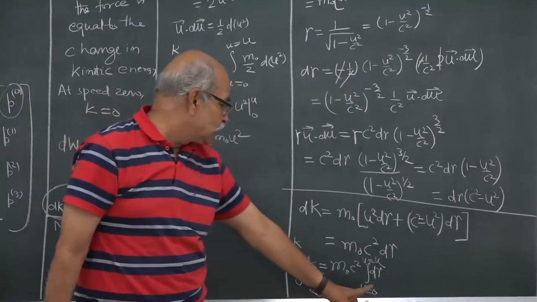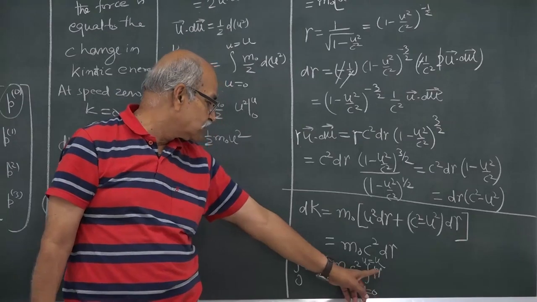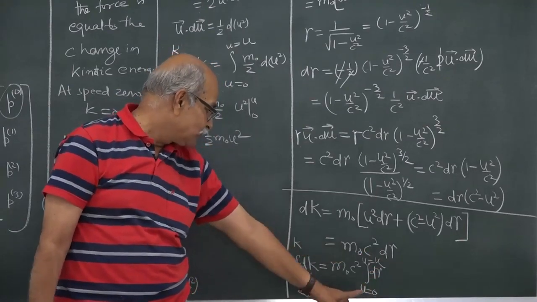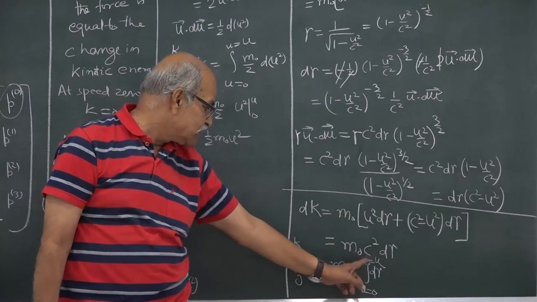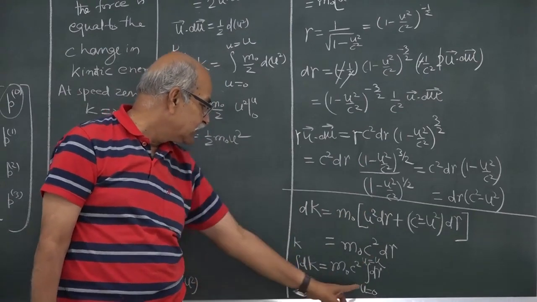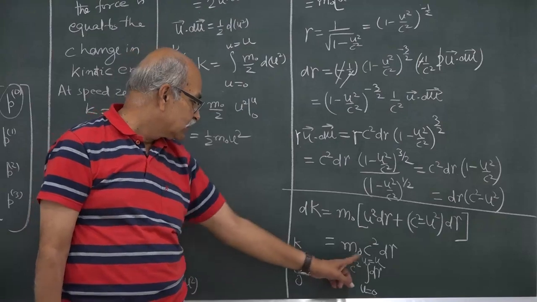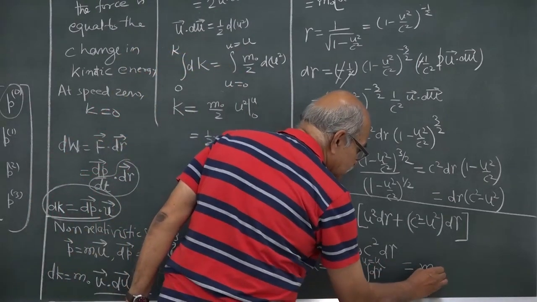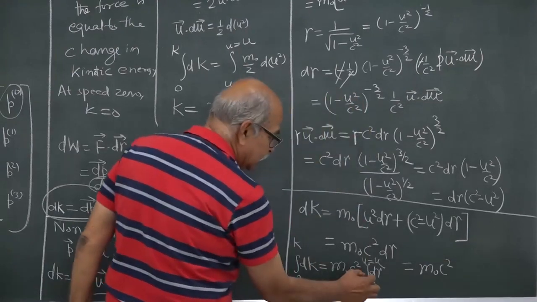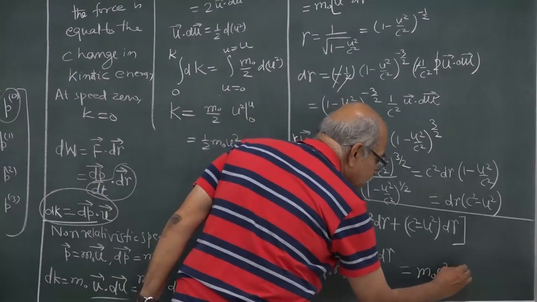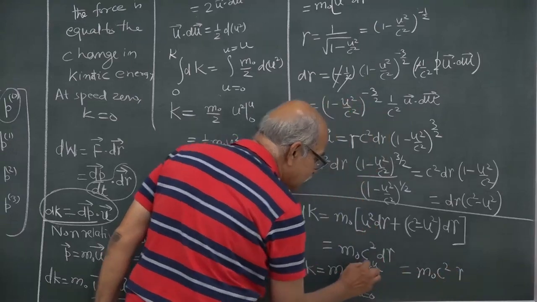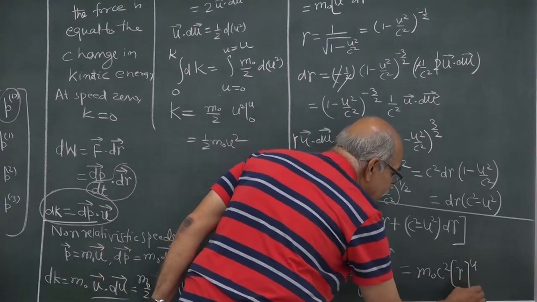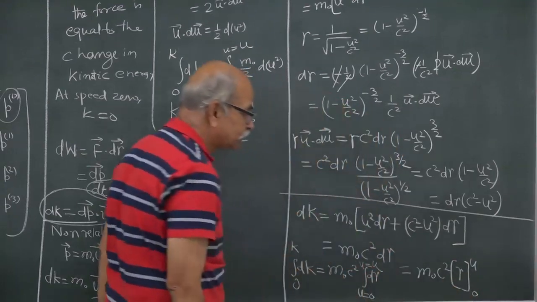So at u equal to 0 there is some value of gamma, and at u there is some value. So you have to integrate between these limits, and correspondingly kinetic energy is 0 here and k here, and therefore this is m naught c square, integration of d gamma is just gamma. So it is gamma at u equal to u and at u equal to 0.